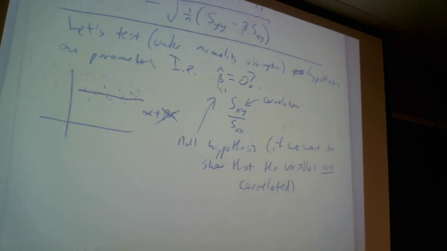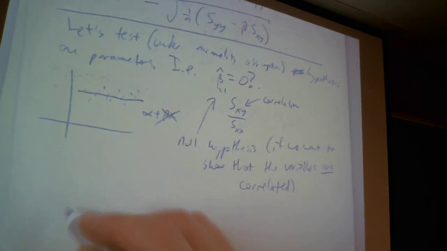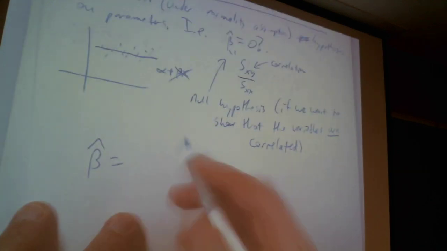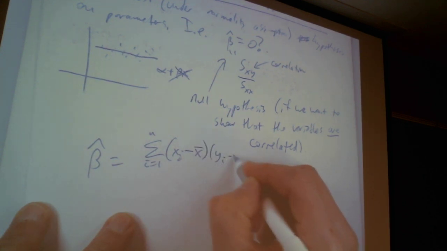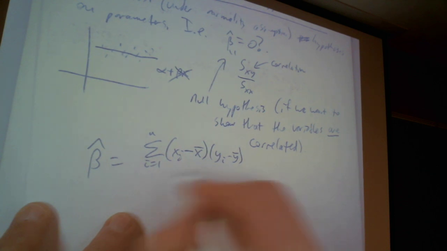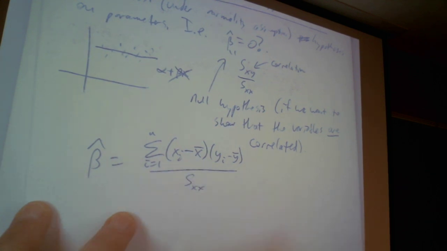Does that make sense? So, all right. So how would we do this? So remember what beta hat is. I have it right here. It's SXY. SXY is a sum as i goes from 1 to n of (xi minus x bar) times (yi minus y bar). These are the observed values, over SXX.